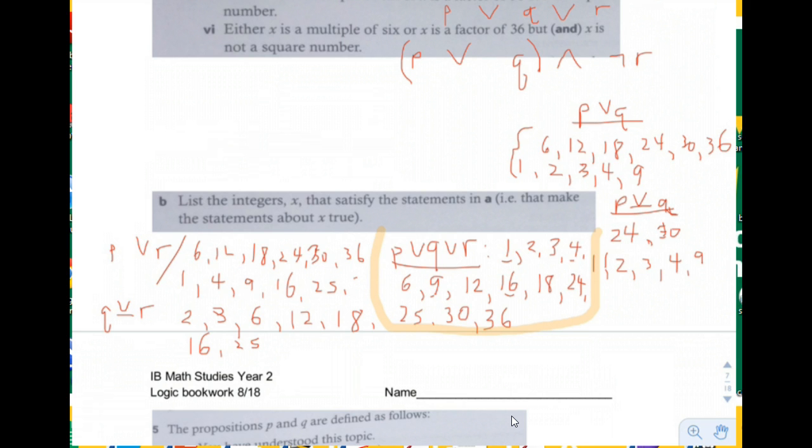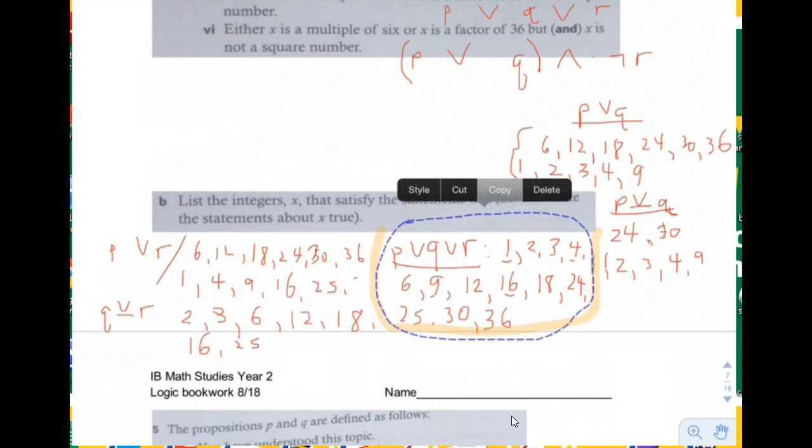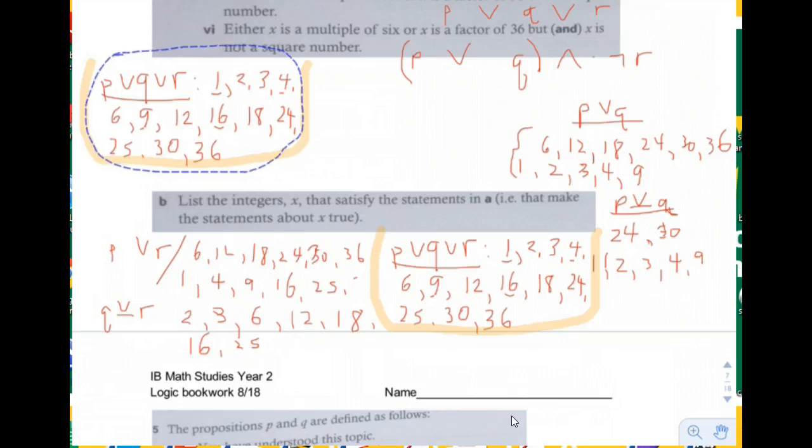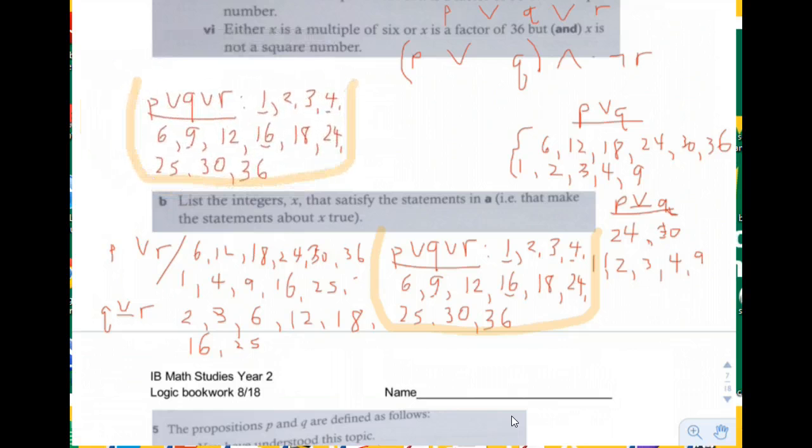Last one. Either x is a multiple of 6 or x is a factor of 36, but x is not a square number. Okay, so we can list all the numbers we had here. And the only thing that we're going to eliminate is now we do not want R. So we're going to eliminate the numbers that are squares.